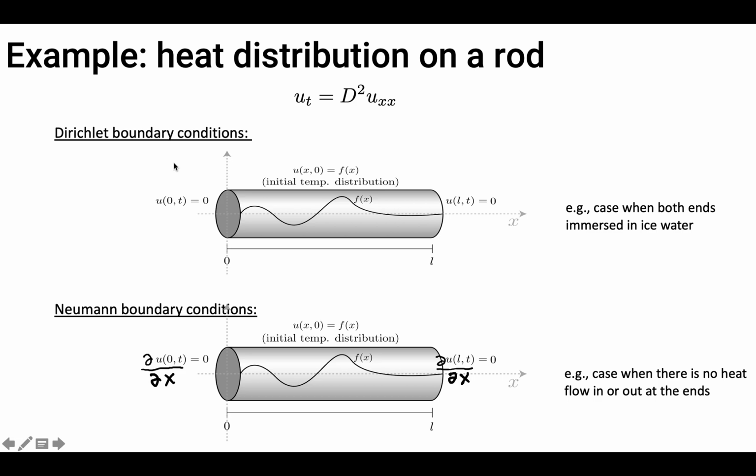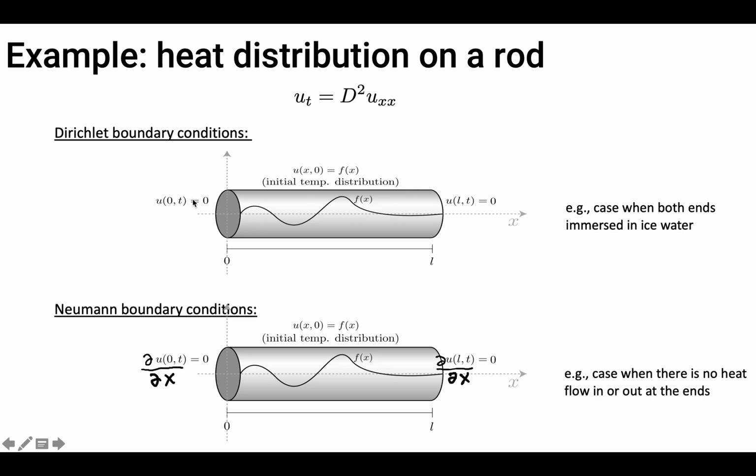So we would like to say that for different physical assumptions or processes, we may have to impose different boundary conditions. For example, if we assume that both ends of the thin rod are immersed in ice water, we know that ice water has temperature 0 degrees Celsius, right?